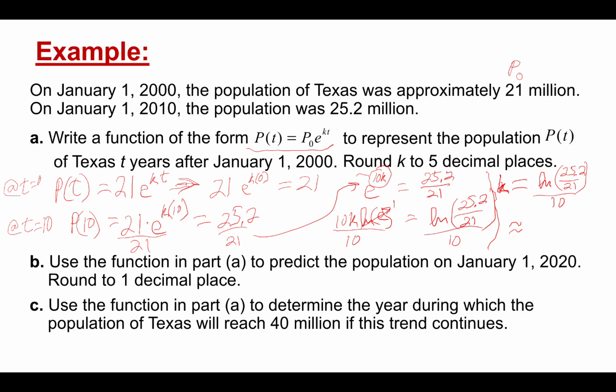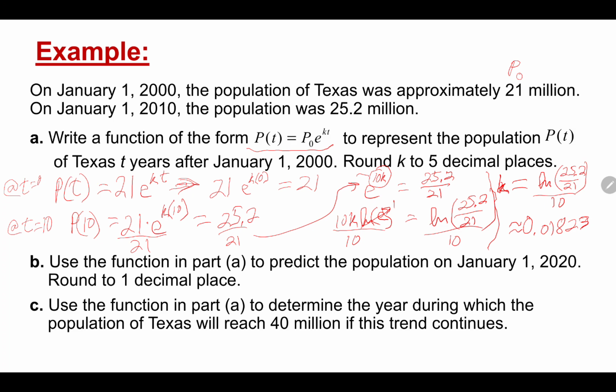So again, we're just pulling on the calculator. We're saying ln of 25.2 divided by 21, close that parenthesis, and then divide the whole thing by 10, and this equals, so my k is 0.01823.